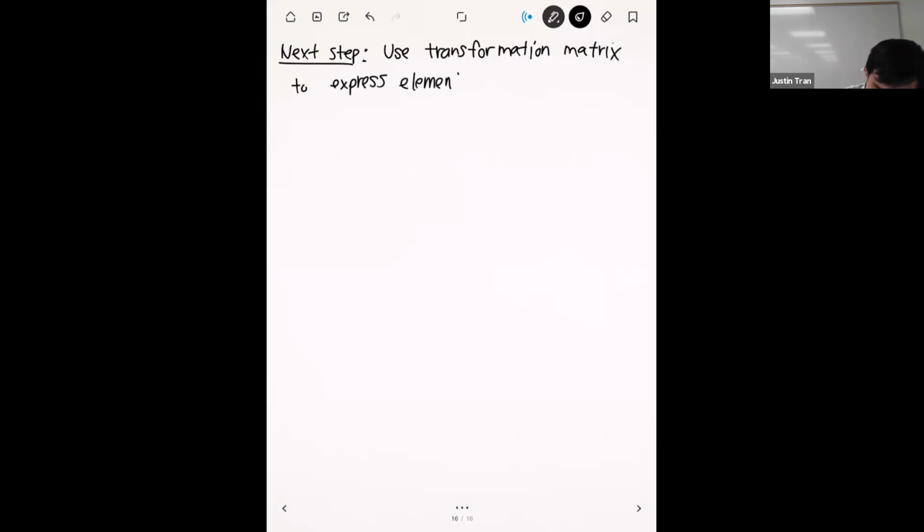And so next step: use the transformation matrix to express the element stiffness matrix in stationary coordinates.